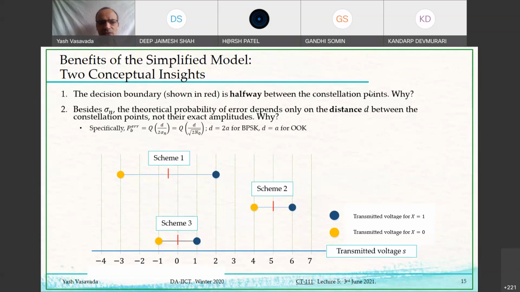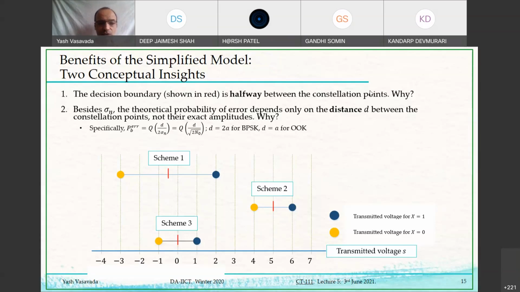And so therefore we can say that the probability of error for scheme 1 is going to be less compared to the other two schemes. No, I'm asking for the exact expression.